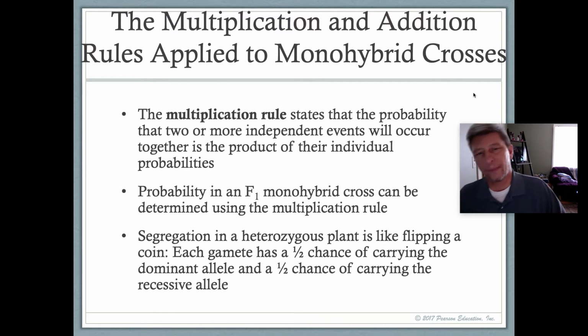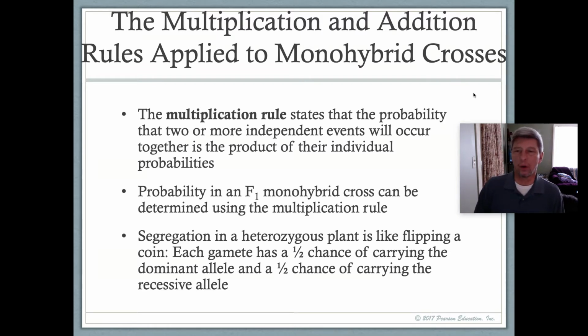And they apply quite handsomely to monohybrid crosses. These are the F1 generation crosses that Mendel used, the heterozygous purple flowers, for example. So the multiplication rule states that the probability that two or more independent events will occur together is the product of their individual probabilities.